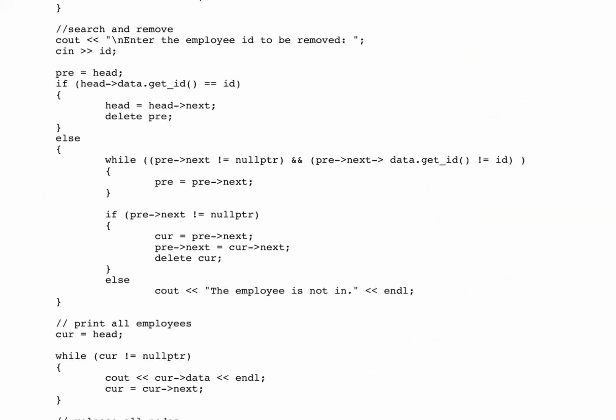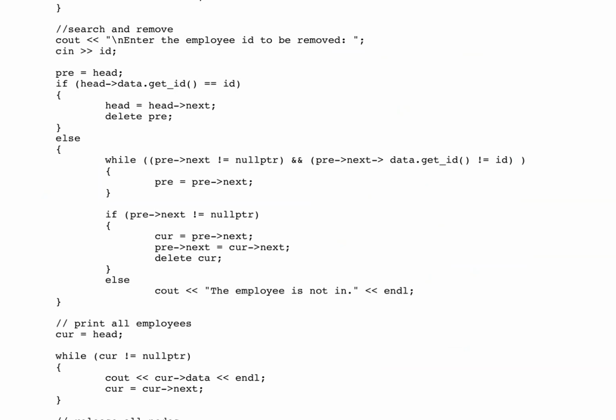So here it's similar to the search and remove operation we talked about in the last video. In the last video we used a current, because we wanted to find the node containing the target point. But here we don't want to know the node containing the target.